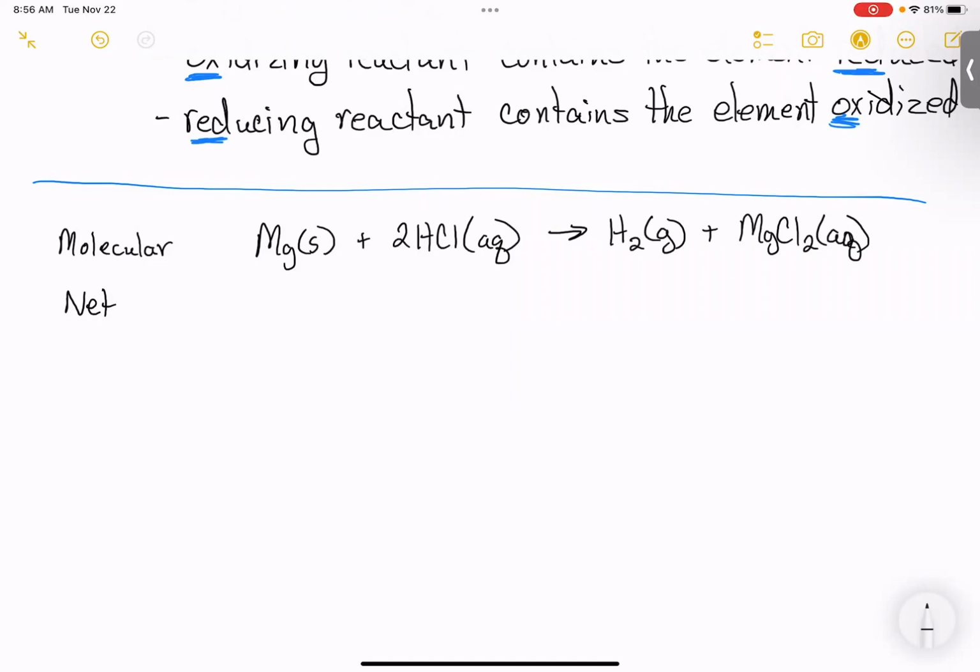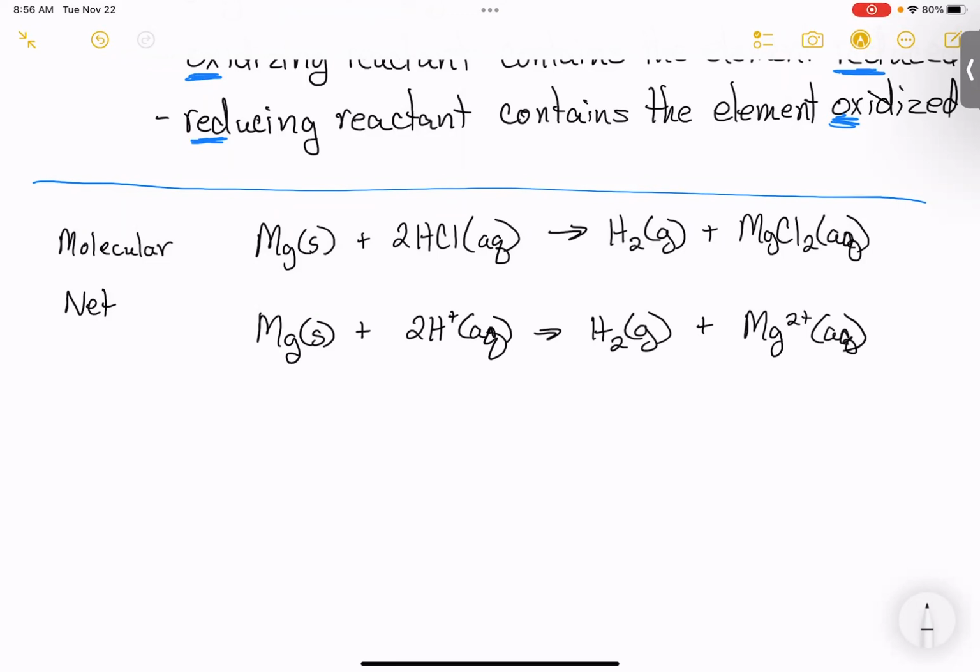We went on to develop the complete ionic reaction, and then we got to the net ionic reaction, and that net ionic reaction was magnesium solid plus 2 hydrogen ions goes to make hydrogen gas plus magnesium 2+ ion. That was our net ionic equation.